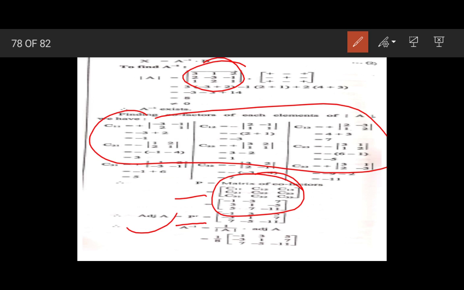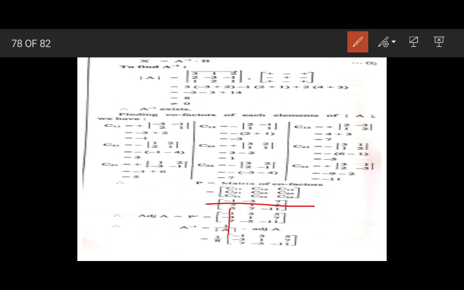Okay. So, after replacing these elements of A by cofactors, we get the cofactor matrix P. Then P dash, we have to find the transpose of P matrix, and transpose of P matrix is adjoint of A. So, to find the adjoint of A means simply interchange rows and columns.